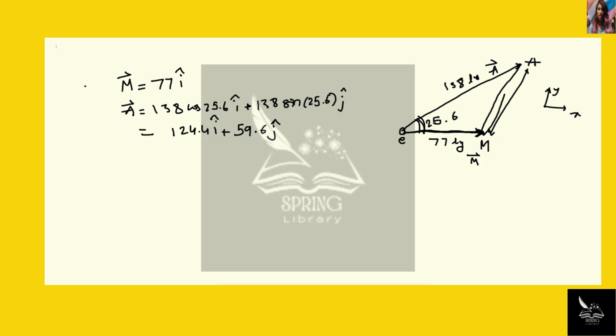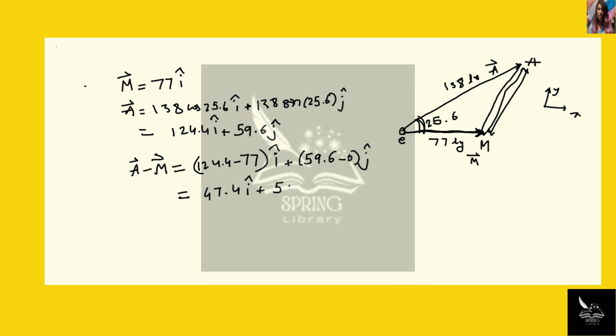Now we know that the distance vector from Merak to Alkaid is a minus m, which gives us 124.4 minus 77 i cap, because they are the x components, and then we have the difference between the y components, which is 59.6 minus 0 j cap. This turns out to be 47.4 i cap plus 59.6 j cap.